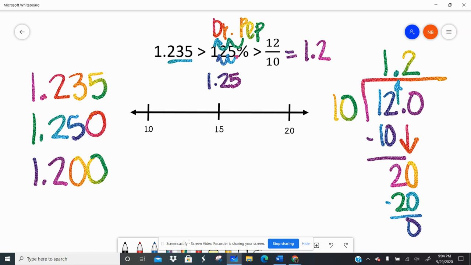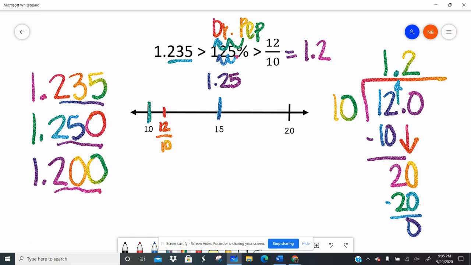Well, if I have my number line here, all of these numbers are going to fall between 1 and 1.5, right? Because they're all in that kind of 1.2 range. So if I look at these numbers, and I'm just looking at the decimal, I have 235, 250, and then 200. Well, 200 is definitely the smallest. So I'm going to put my 12 tenths somewhere about right here.